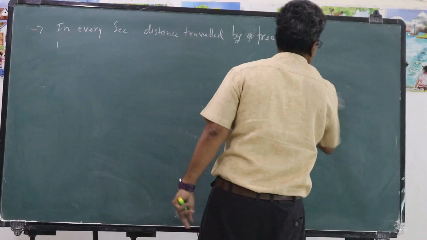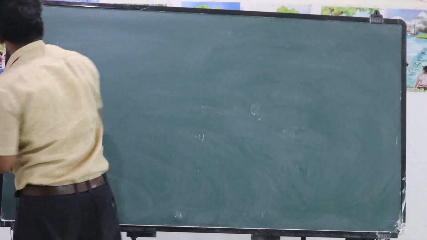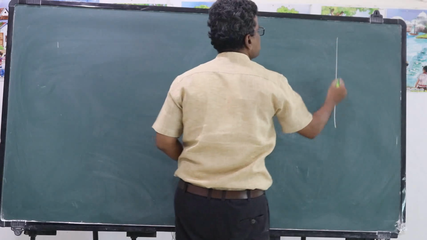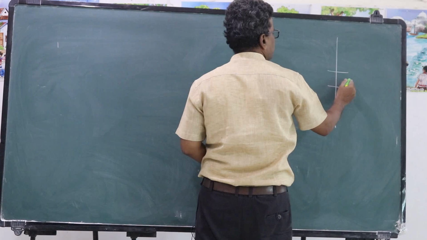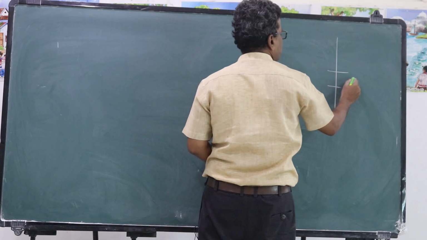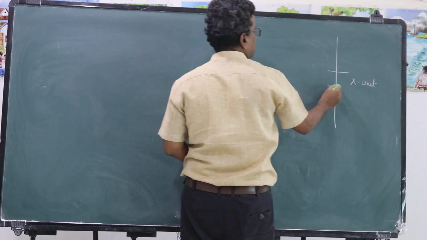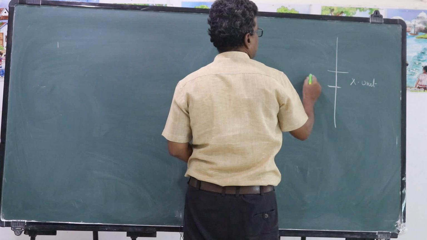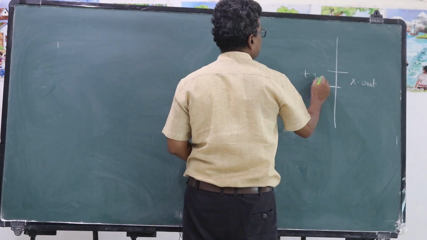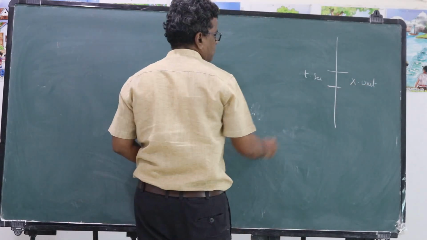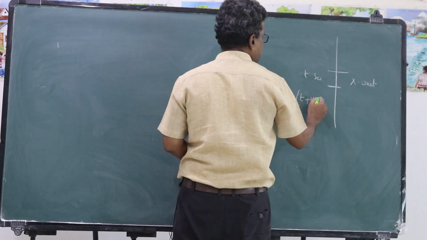If the velocity at a particular time t seconds is x units, what is the velocity at t plus 1, the immediately next second?